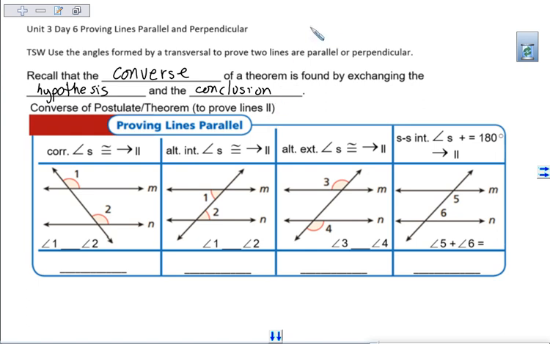So yesterday we knew that we had parallel lines, and because of that we knew about corresponding angles, alternate interior angles, alternate exterior angles, and same side interior angles.